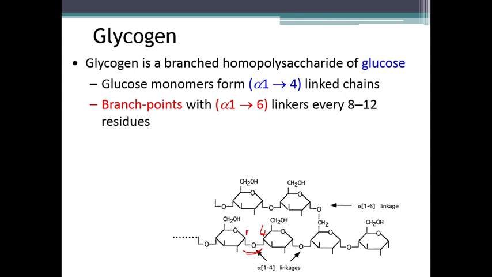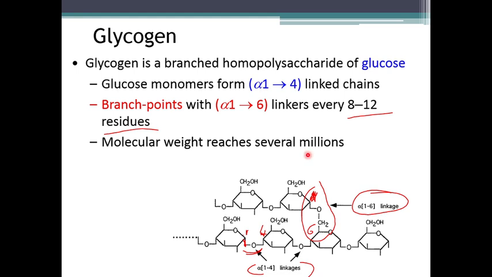And the alpha 1,6 linkage is the branch, that is every 8 to 12 residues in case of glycogen. Molecular weight of glycogen reaches several millions. They function as the main storage polysaccharide in animals.